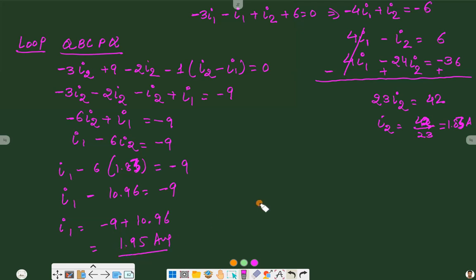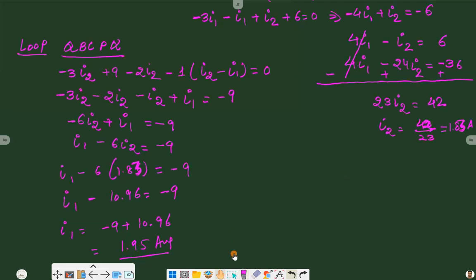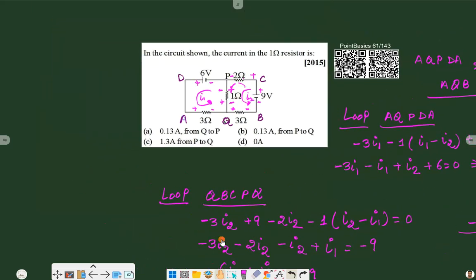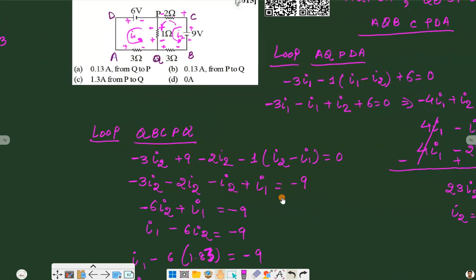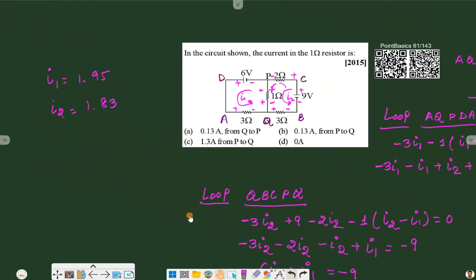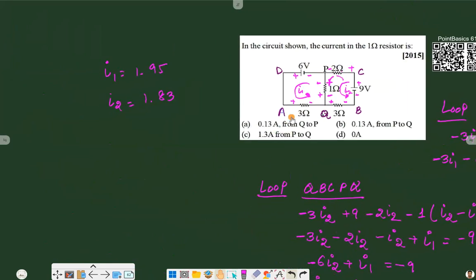So we have the values of I1 and I2. Let's go back to the question. I1 is 1.95 and I2 comes out to be 1.83. Yes, 1.83. Now let's see the directions.